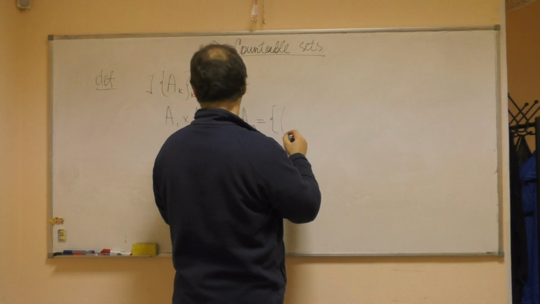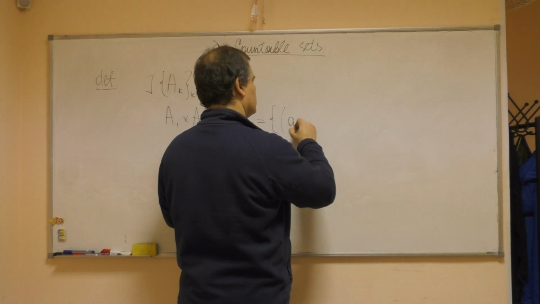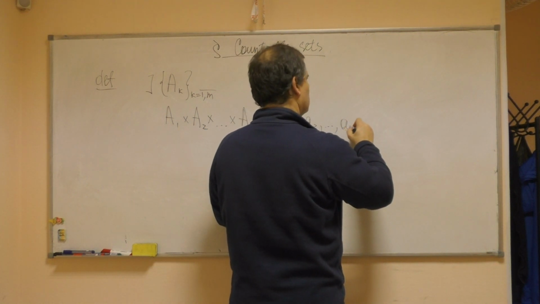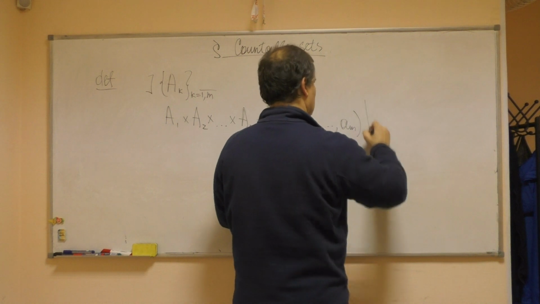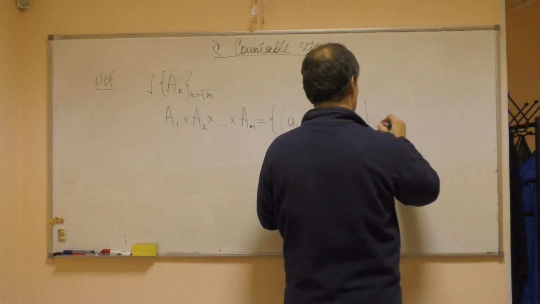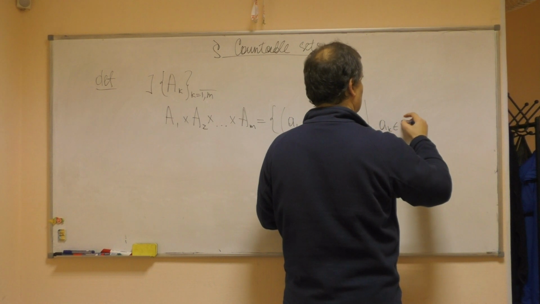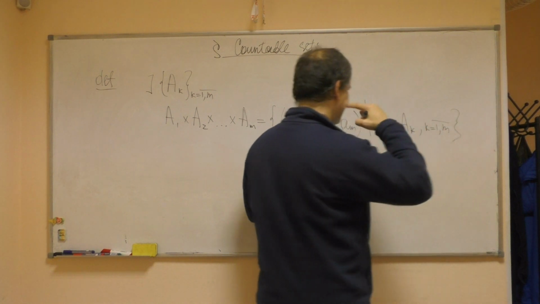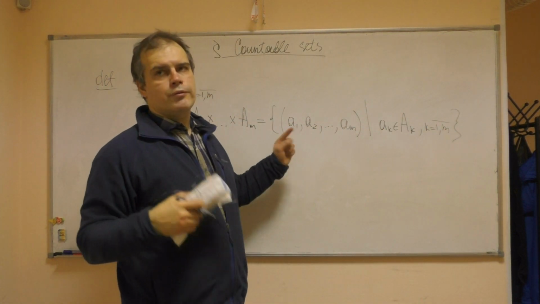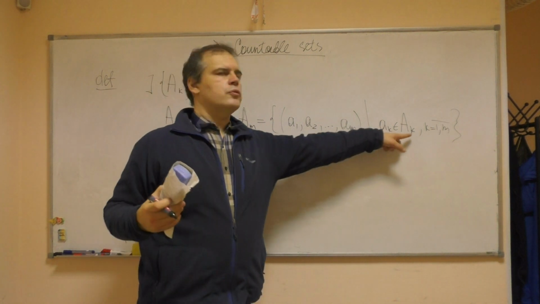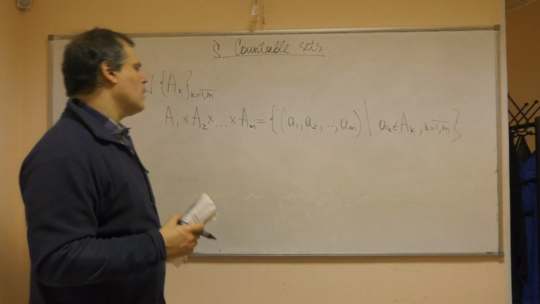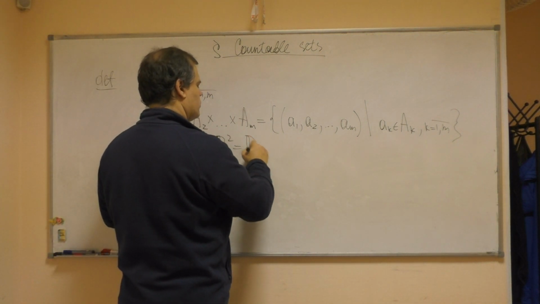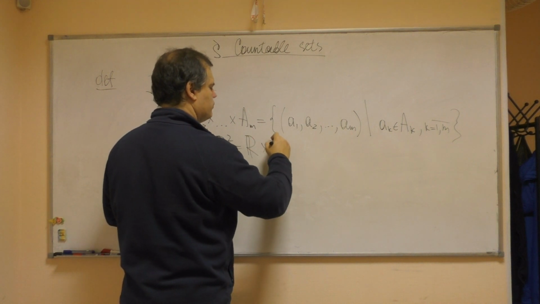It is a set of ordered vectors, and each element, each coordinate belongs to the corresponding set. For example, R2 is a Cartesian product of R by itself.